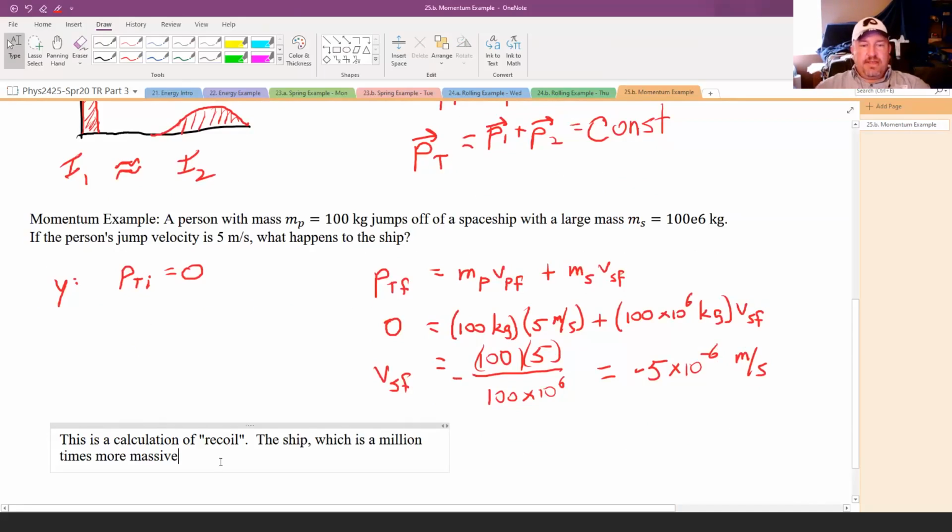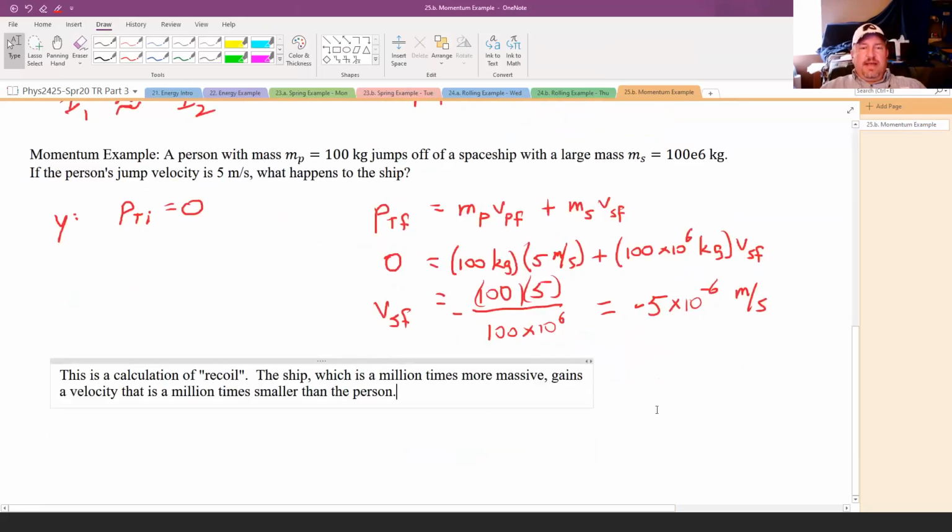The ship is 1,000,000 times more massive, so it ends up gaining a velocity that is 1,000,000 times smaller than the person.